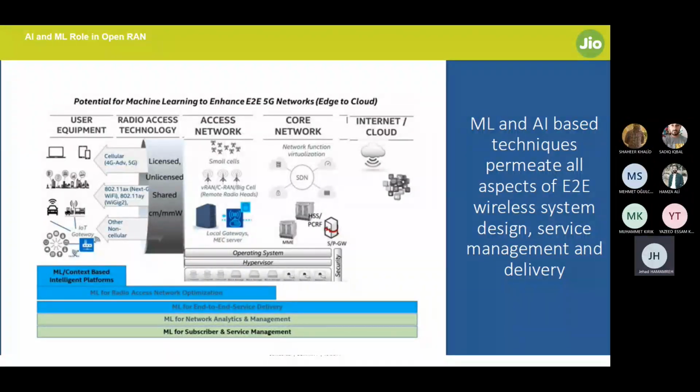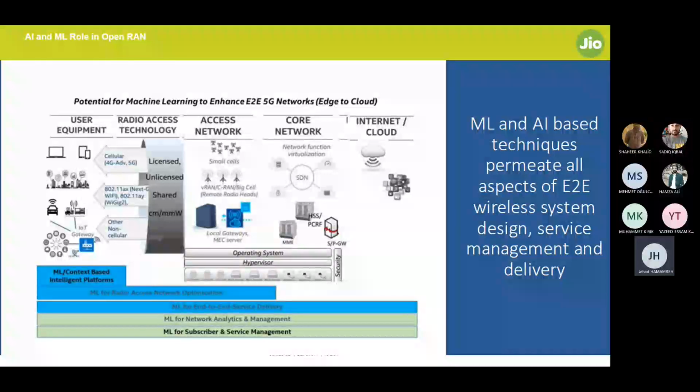And this slide shows you the core area, the fields and the part of the networks that machine learning and AI can be used in order to improve the overall performance and reduce the cost, reduce the headache, reduce the manpower, and make things work seamlessly.